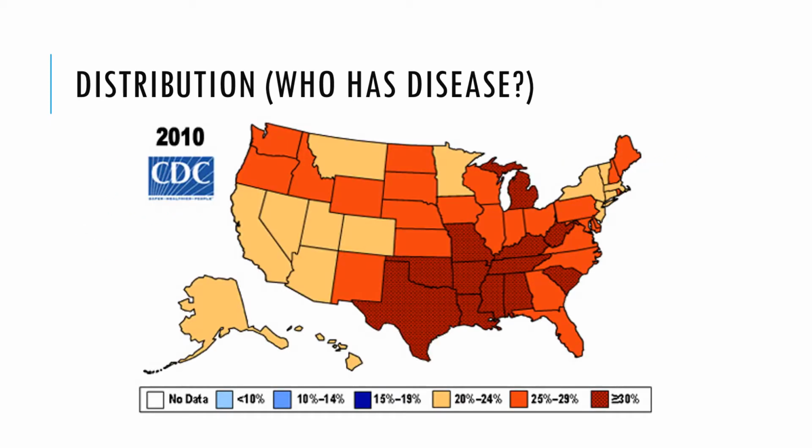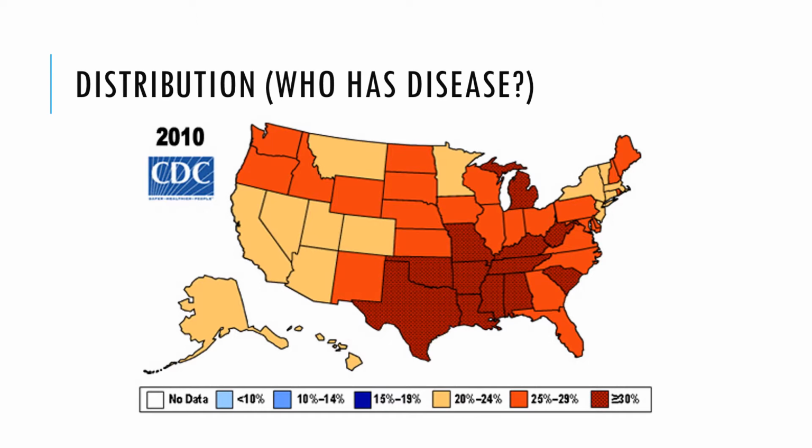So here's an example of a distribution map. This is an obesity map, and this is showing the distribution of obesity in the United States by state. States that are colored in yellow, 20 to 24% of the population in that state is considered to be obese.